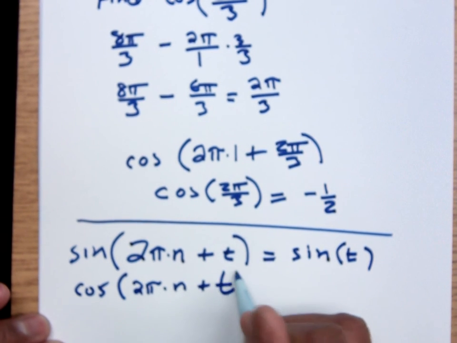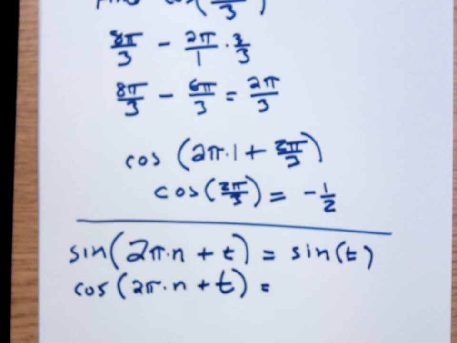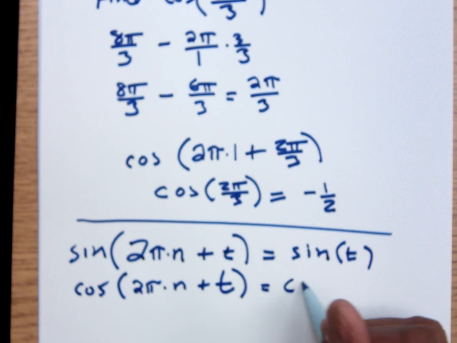No matter what integer it is. It does matter if it's not an integer. But it could be 100, it could be 7, it could be negative 2, which we're going to see in a minute. And that's equal to the cosine of t.